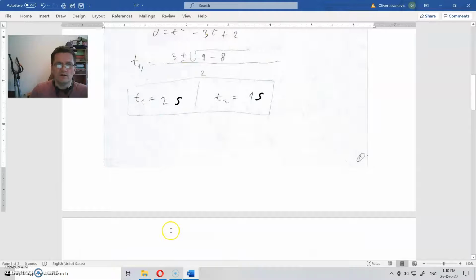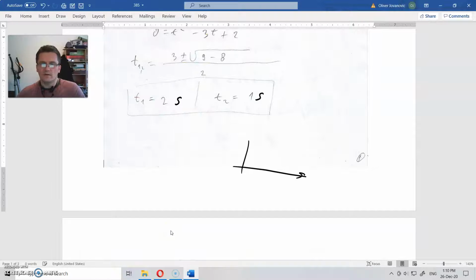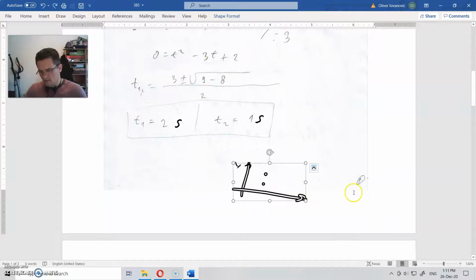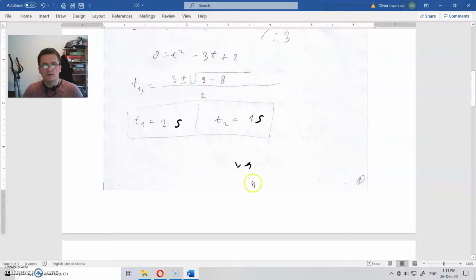So the x component is the same, but y is not the same. So this is y and this is x. That is the meaning of that. Okay, that's not important. So that is the solution. So at the second second, the particles will collide.